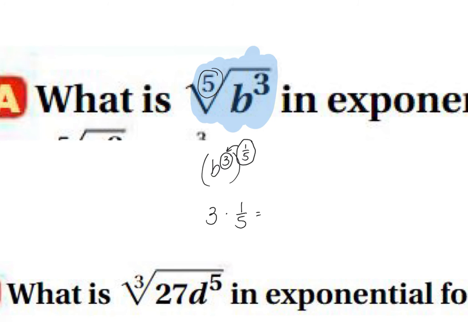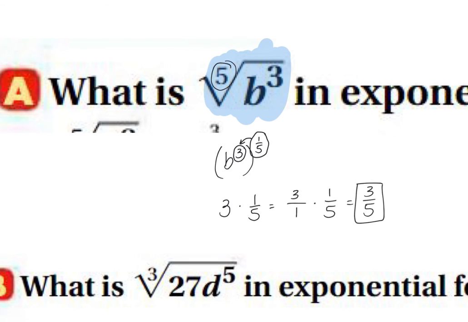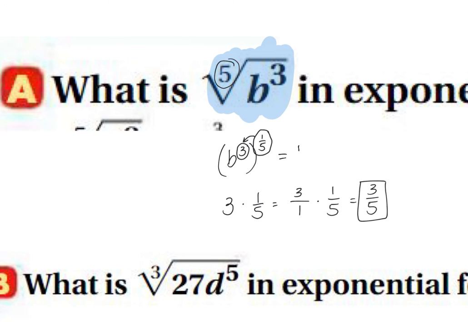This is the same as 3 over what? 1 times 1/5. What is this equal to? 3/5. So our new expression is just b to the 3 over 5. That's it.